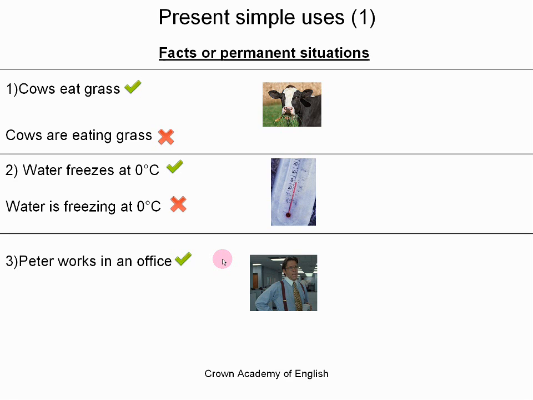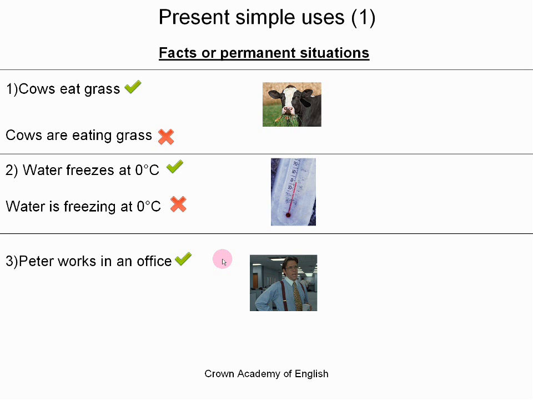Okay, so we're talking about what Peter does permanently, what he does all the time. We're not asking what Peter is doing now. We're asking, where does Peter work? And so we answer using the present simple tense. Peter works in an office.